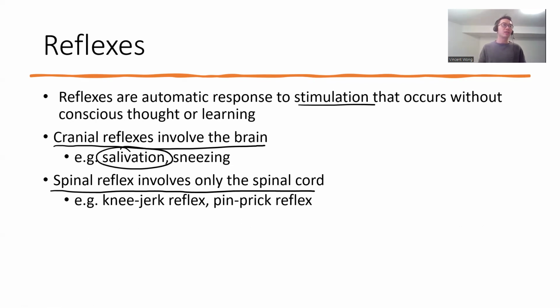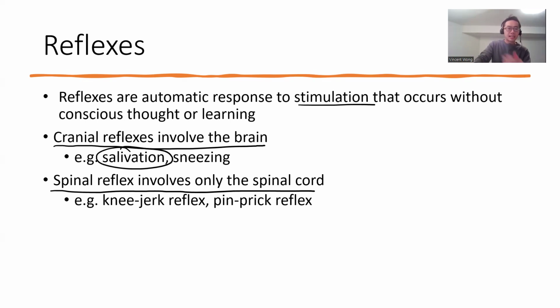You're hungry and you smell good food, you salivate. If you imagine something sour, like a really sour lemon or lime or something citrusy, you might salivate a little bit as well. So that's a reflex. It's a way to prepare for eating.